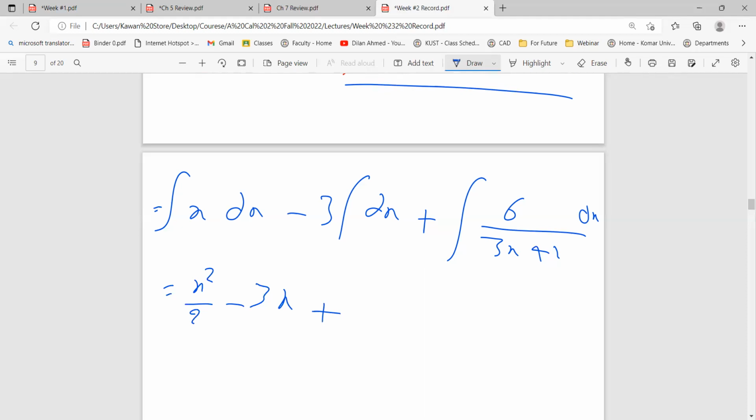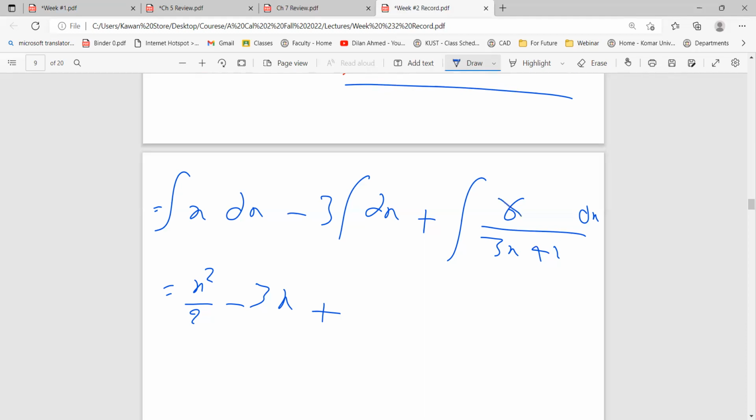So the degree of the numerator is bigger than the denominator. So briefly, we have a fraction. The derivative of the denominator is equal to what? 3, right? I have 6. You can divide or separate them, right?